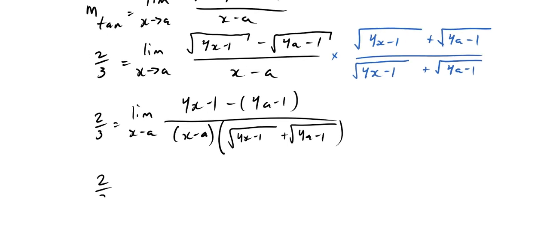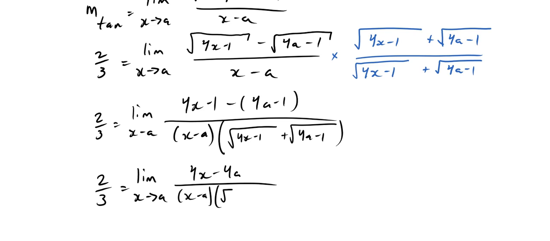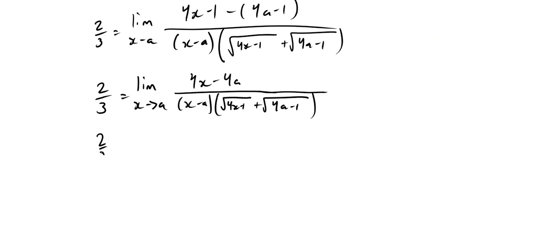So 2 over 3 equals the limit as x approaches a of 4x minus 1 minus negative 1, so I get 4x minus 4a, and then everything basically works out from here.